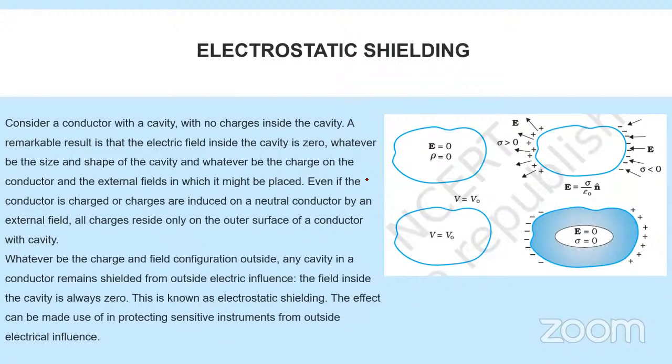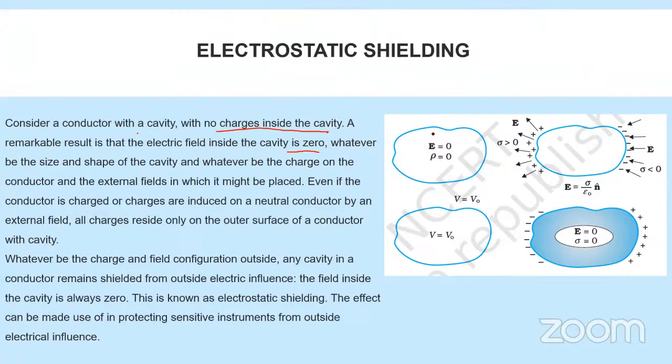Now we come to something called electrostatic shielding. For that we consider a conductor with a cavity, and this cavity has no charge inside, no charges inside the cavity. When we try to find the electric field inside the cavity, the result is that it is actually zero, no matter what the size and shape of the cavity is.